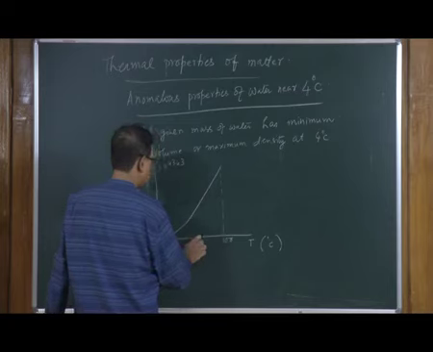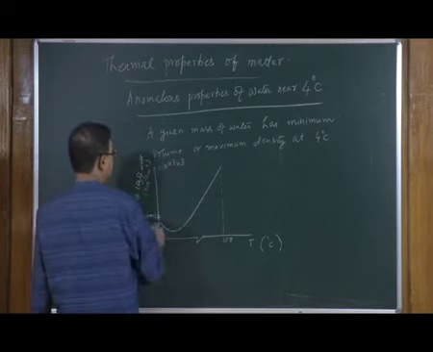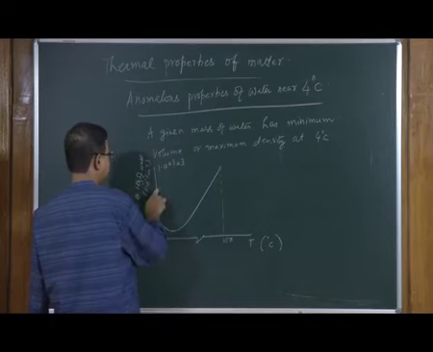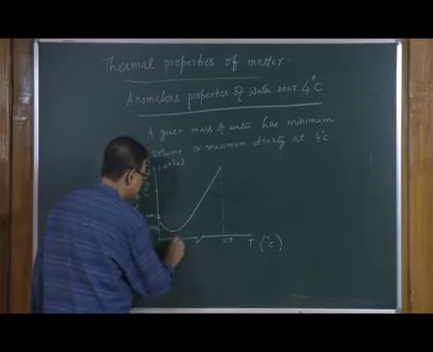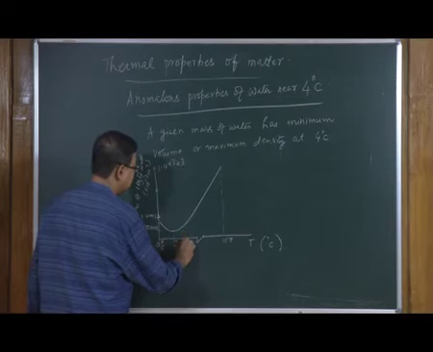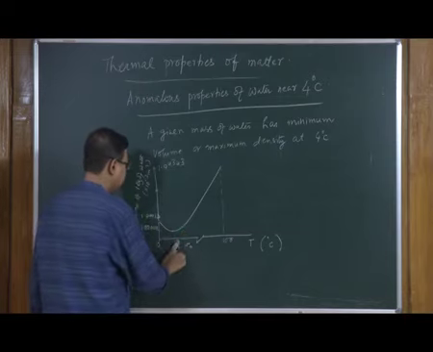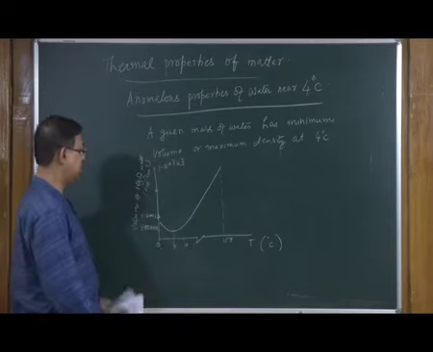So, this is not drawn to scale. I am breaking the scale here. So, this is 4 degree centigrade, this is 0 degree centigrade, and this is around maybe 10 degree centigrade. So, this is like 0, 4 and 10, and this 100 degree centigrade.